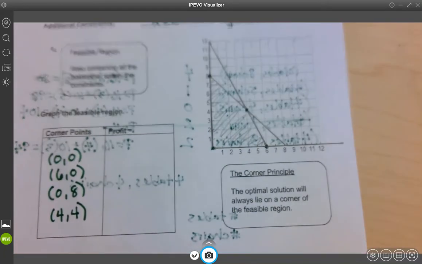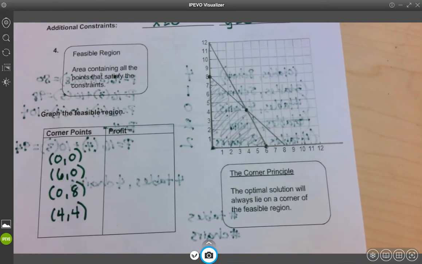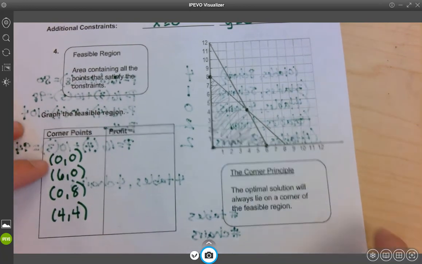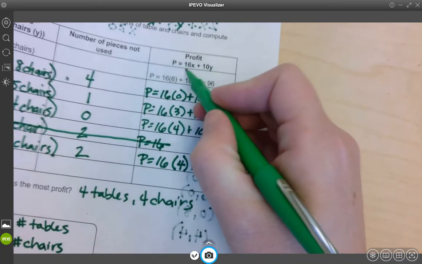Okay, now we already actually calculated most of these profits, so we can copy them from the other side, but I do want to write out the equation. So the profit was 16x plus 10y.